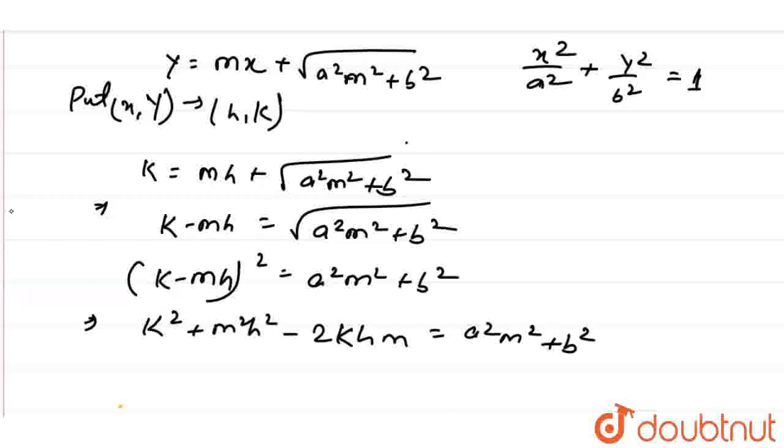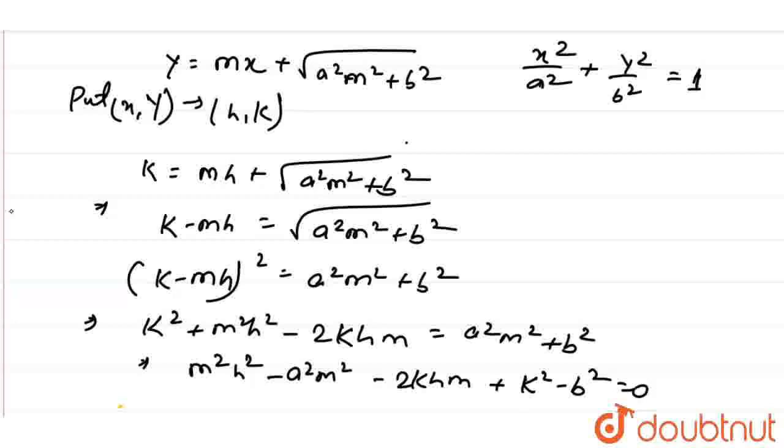Now putting all the terms on one side, we get m square h square minus a square m square minus 2khm plus k square minus b square equal to 0.